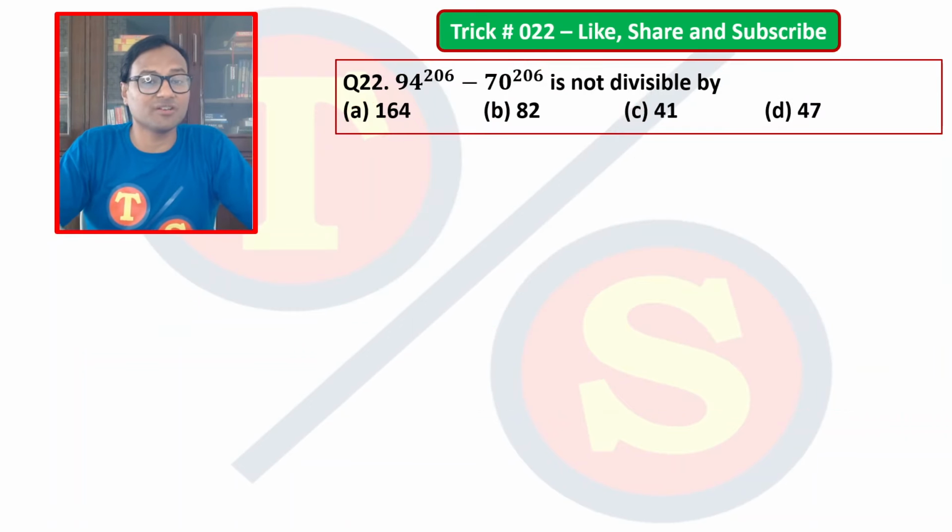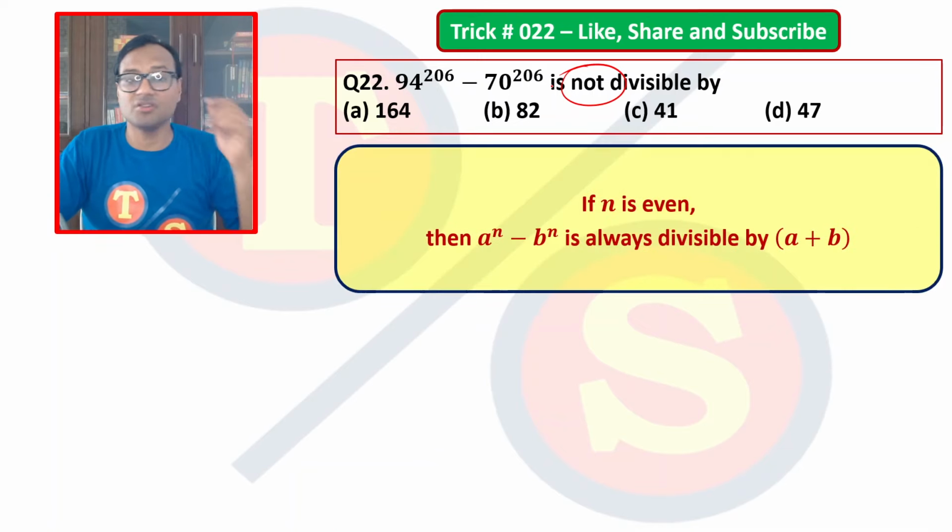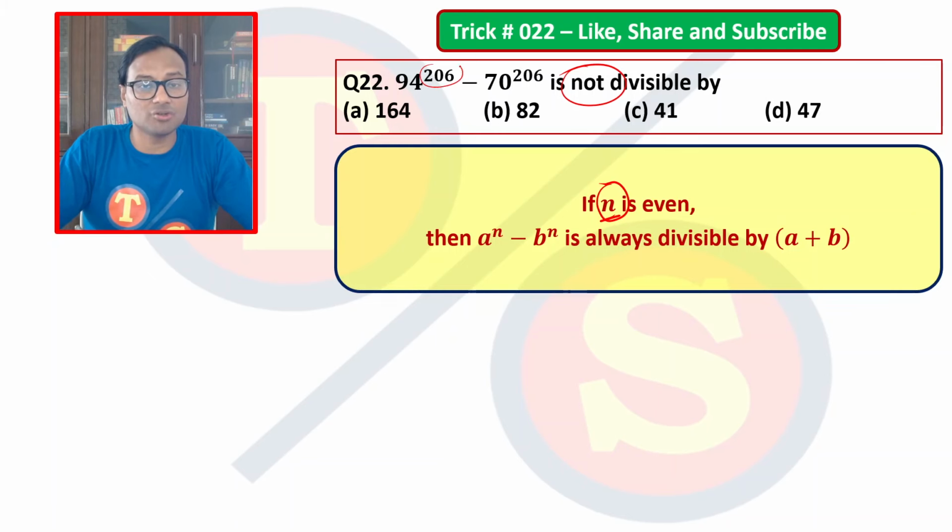Now if you see question number 22, we have to find out what this number is not divisible by. So what is the rule applicable here? The rule is that if n is even, remember that the power should be even, and there is a minus sign between the numbers.